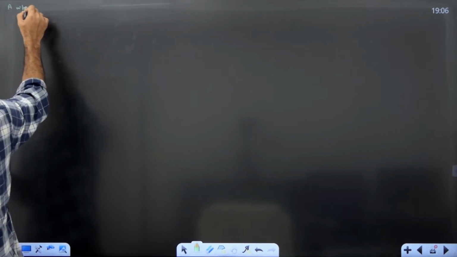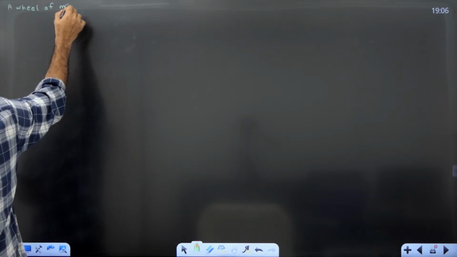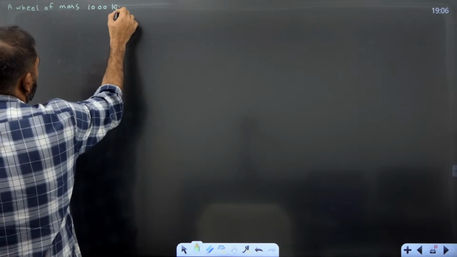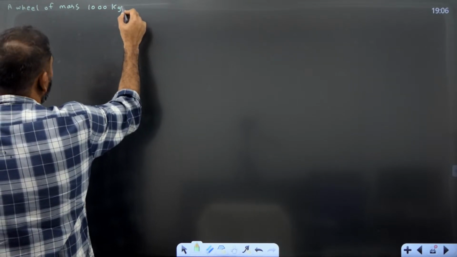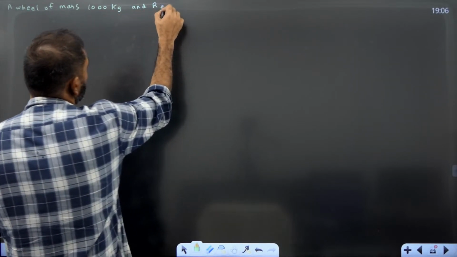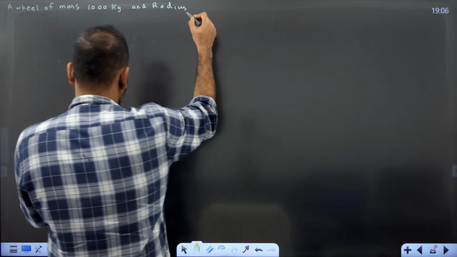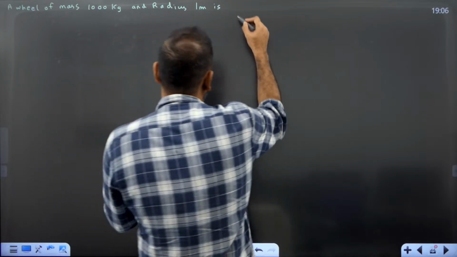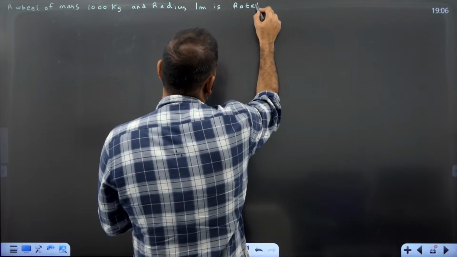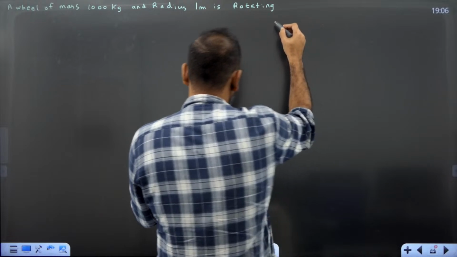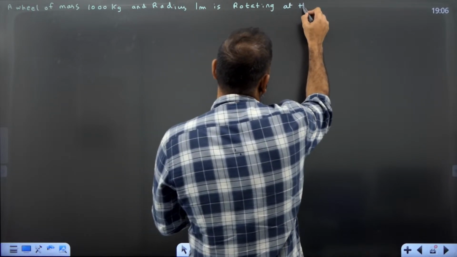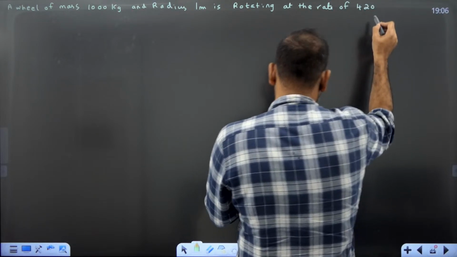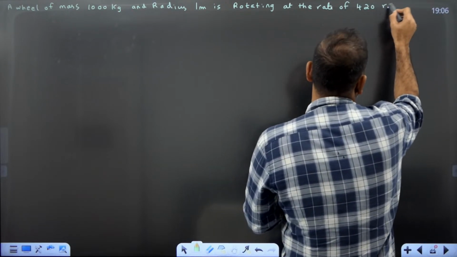A wheel of mass 1000 kilogram and radius 1 meter is rotating at the rate of 420 rpm, revolution per minute.